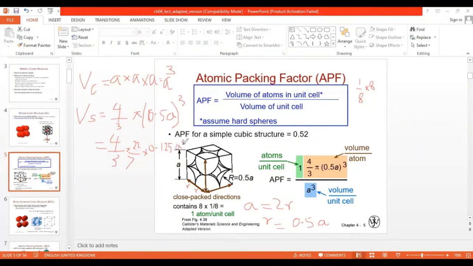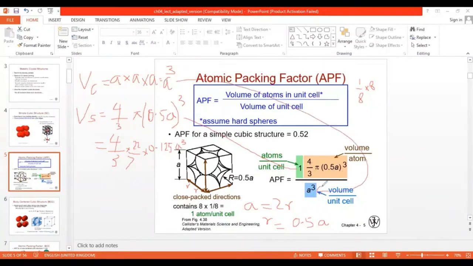All right. Now you see here, one atom into 4/3 pi A cube. I don't need the exact value, but I just need the ratio, right? So if I divide this with this, that's what happened here. This value is here and this value is here, right?